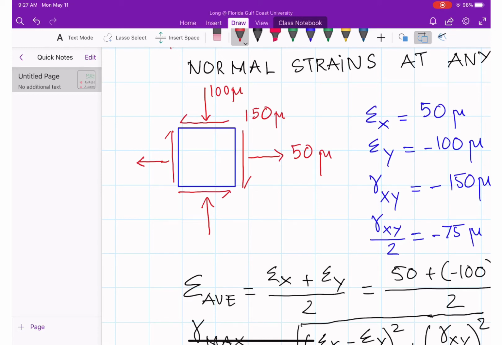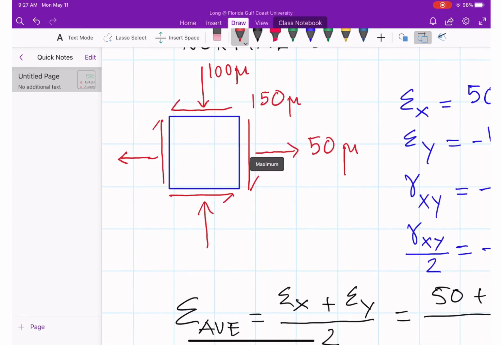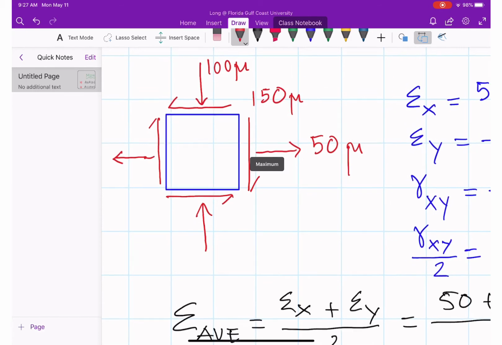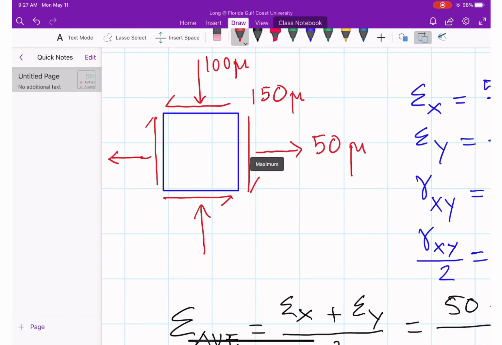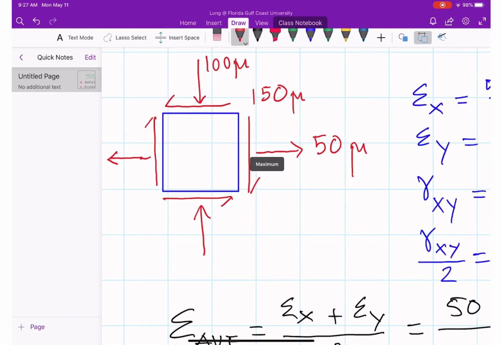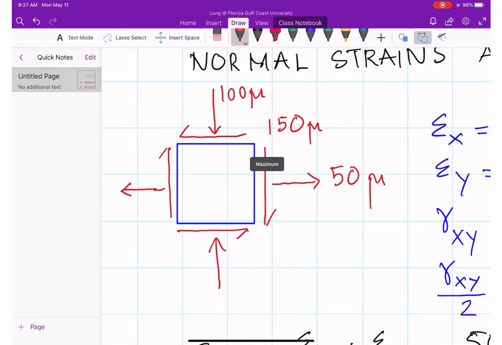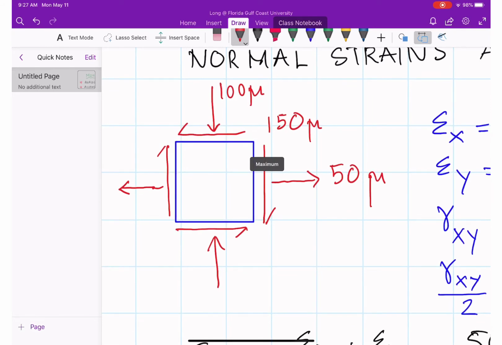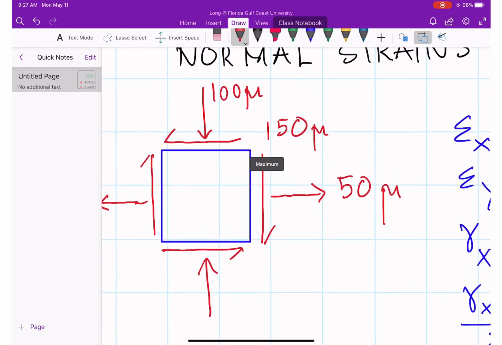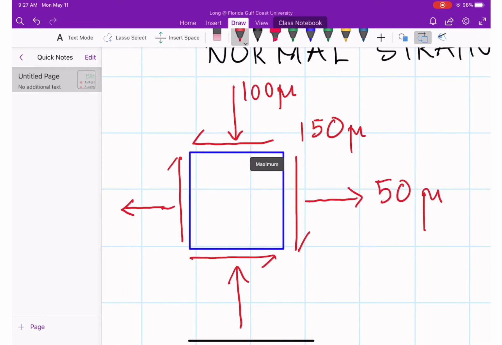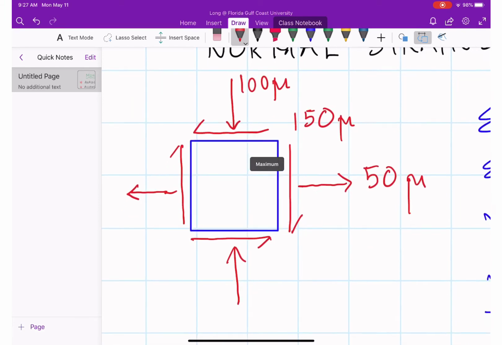So the positive x plane is the vertical plane on the right. Similarly, the y plane is defined by the axis y perpendicular to it, so that is the horizontal plane, and the positive y plane is the top plane that we saw in this state of strain block.